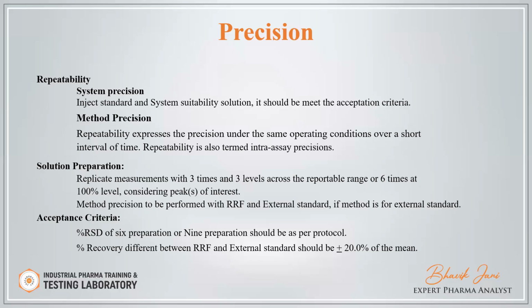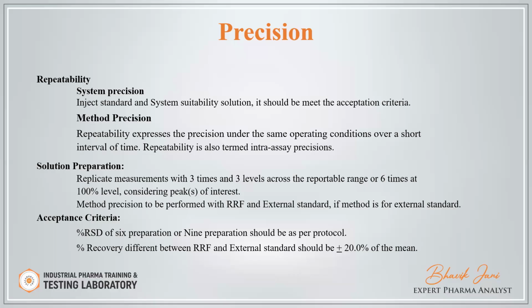That is, three samples of 50 percentage, three samples of 100 percentage, and three samples of 150 percentage, or 6 times at the 100 percentage, you can also prepare for that.